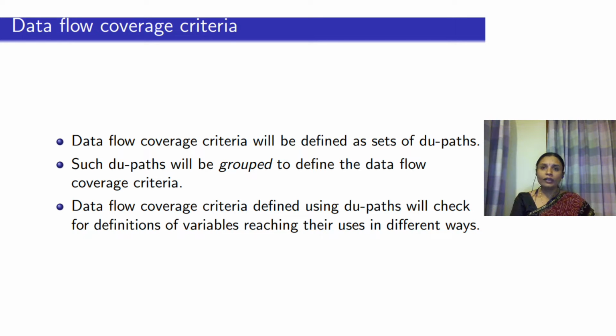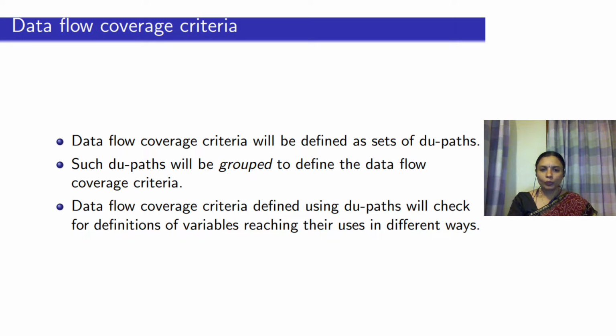They could be defined and redefined at several different places, and there could be several different DU paths. So it helps to group the criteria in some way. We are going to take the DU paths that take variables from definitions to uses and group them in some way to define data flow coverage criteria.